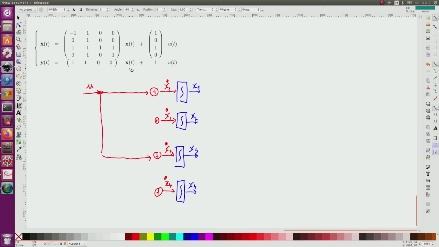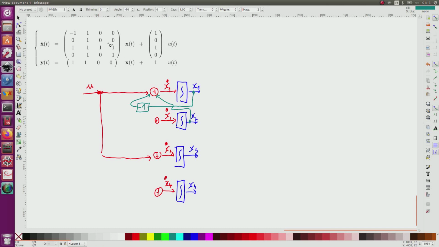Now for x dot 1, here it's minus x1, so I have something like this, minus 1 plus, and here from x2 I can reach x dot 1.